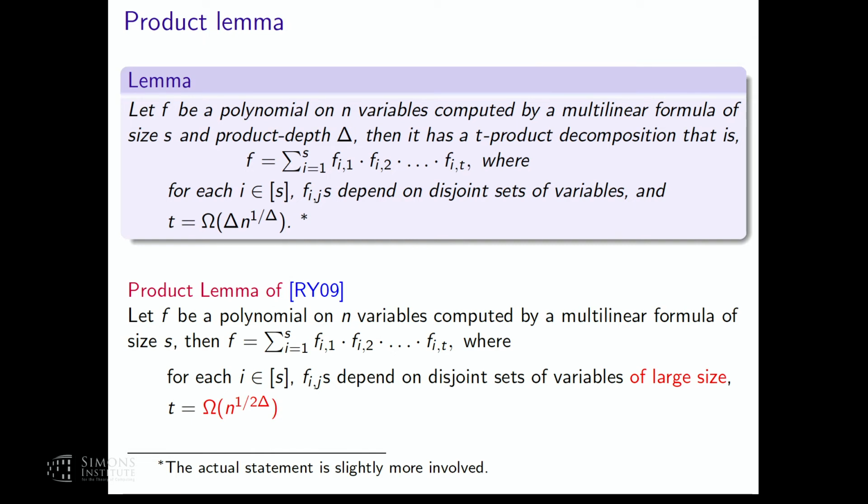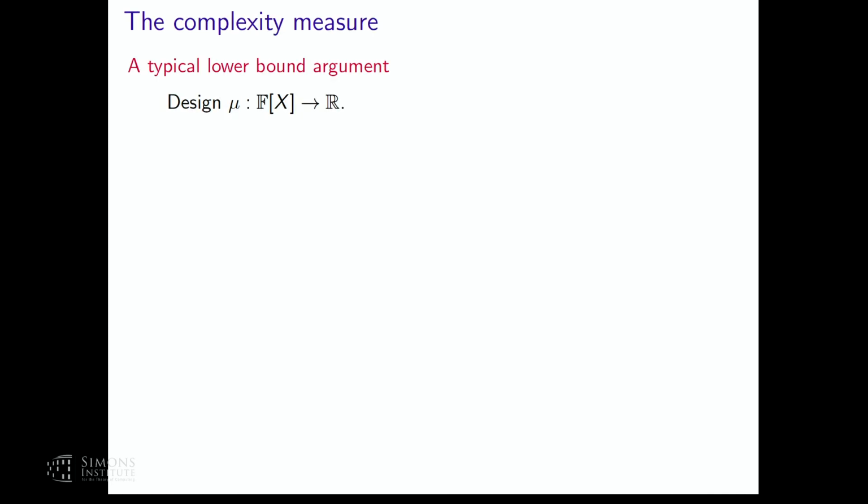So now stepping back a little bit, this is how we prove a lower bound. This is again familiar to everybody here probably. Let me just say it. So this is the rank based method, which I'll just explain now. Mu is a map from polynomials to, say, reals.